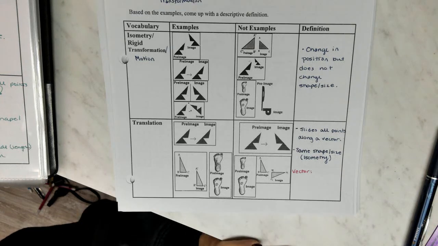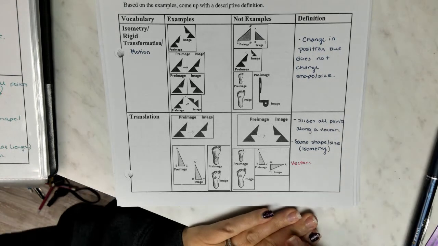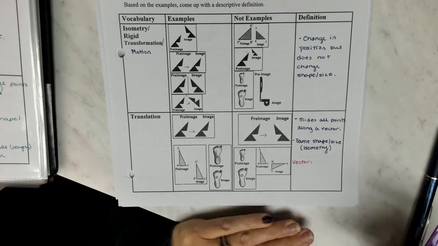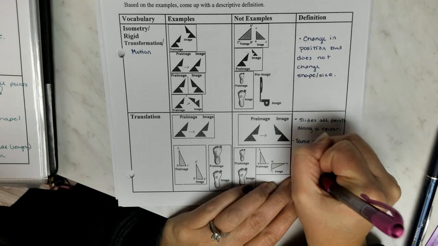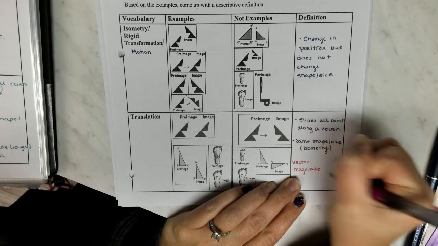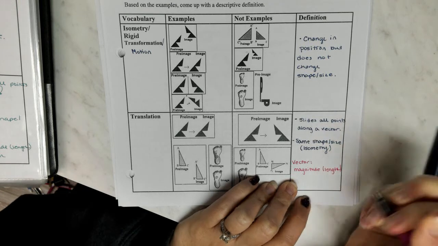Okay, so hopefully now you went and watched that video, and you should be able to define a vector as a mathematical term that quantifies both magnitude and direction. So it's measuring magnitude, which just means the length, and direction.